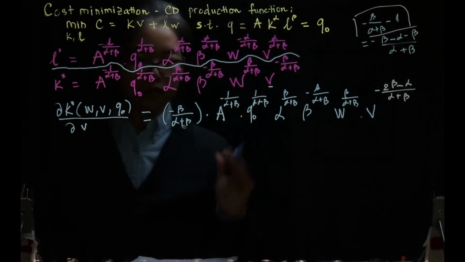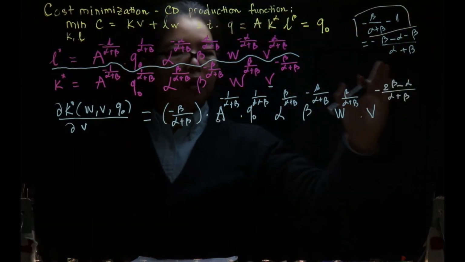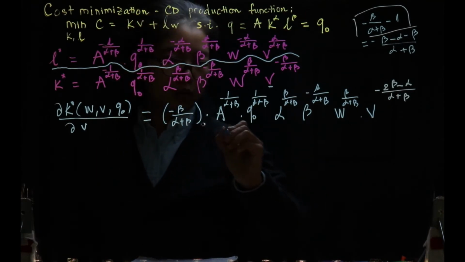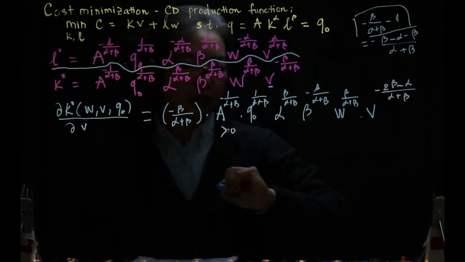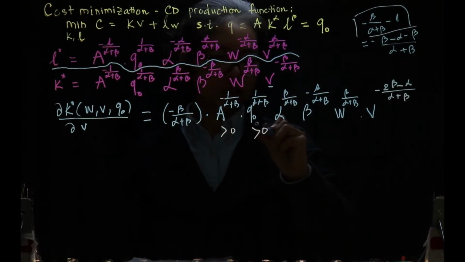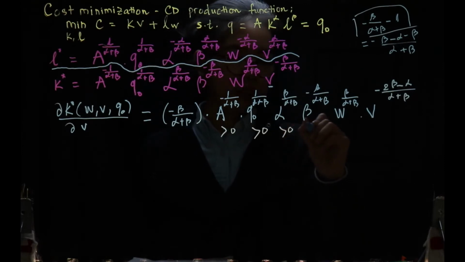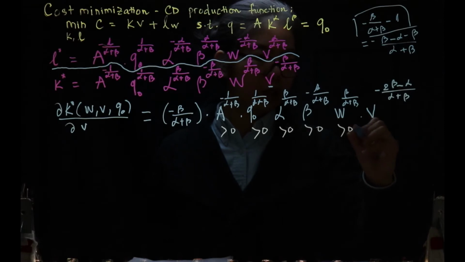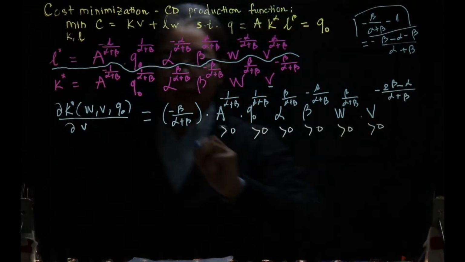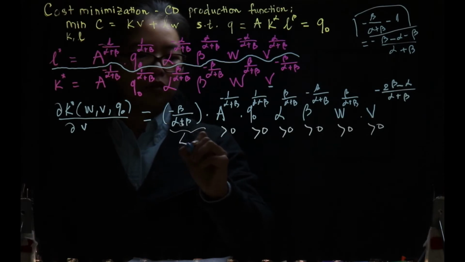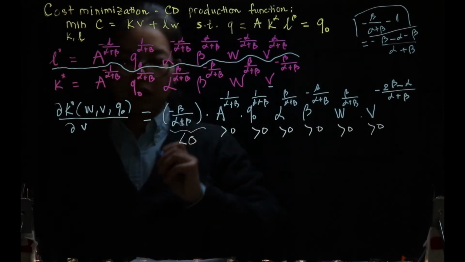Good enough. It doesn't matter what the exponent is. You can see that A is larger than 0 by assumption, Q0 is also larger than 0, alpha and beta are all larger than 0, and so are the input prices. And this exponent term is smaller than 0, negative.